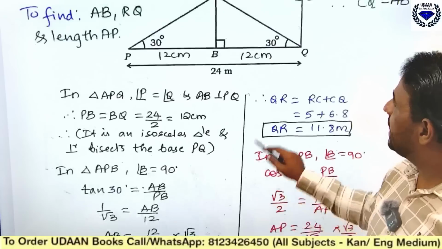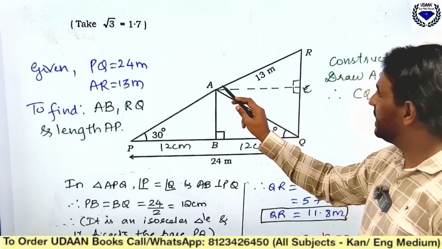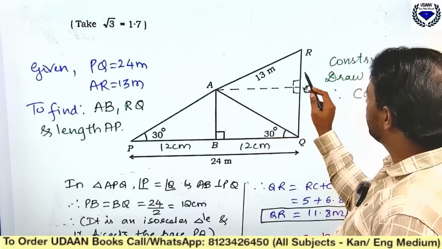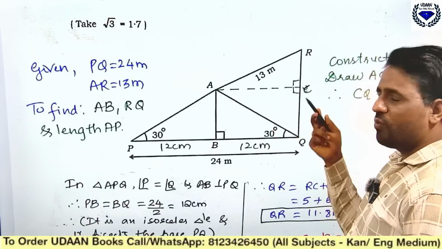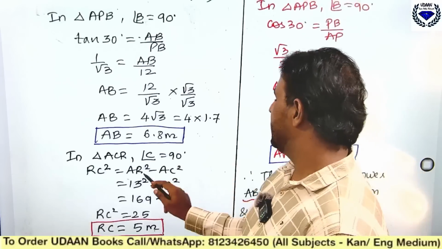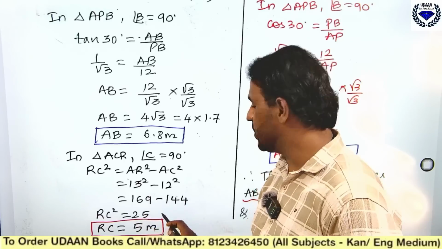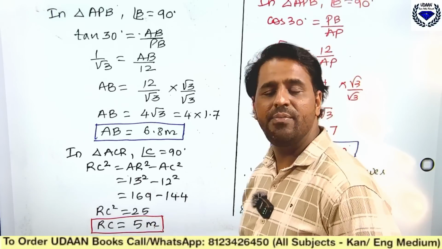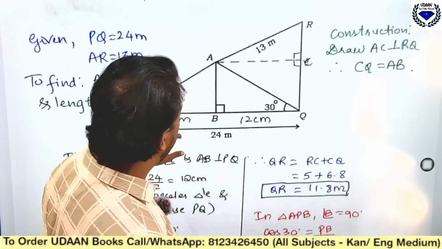Next, in triangle ACR, hypotenuse square, that is AR square, is equal to AC square plus RC square. If this is 12, you will get RC. So that is 13 square minus 12 square. 169 minus 144 is how much? 25. It will become 5 meters. Then what is QR?